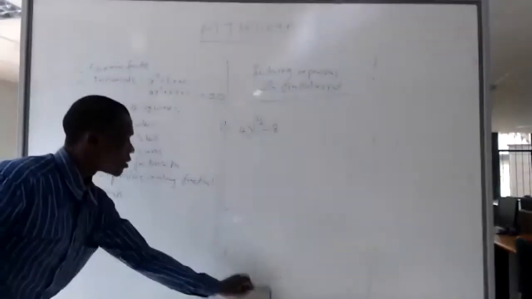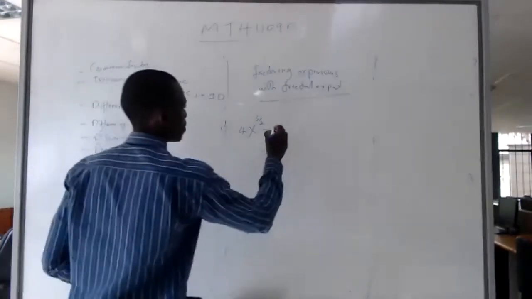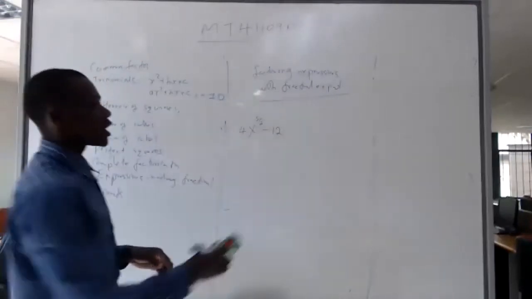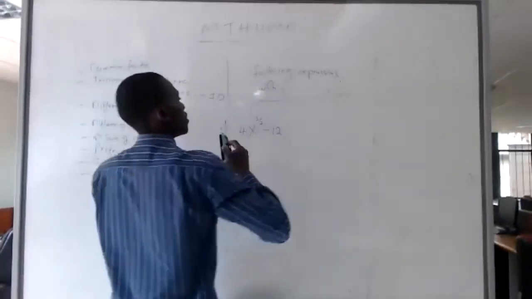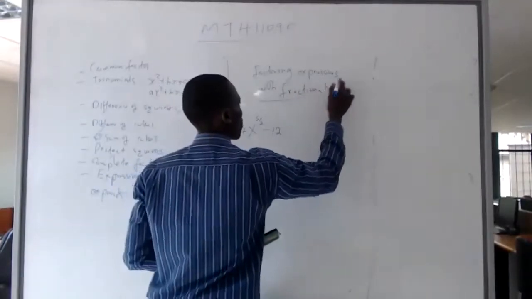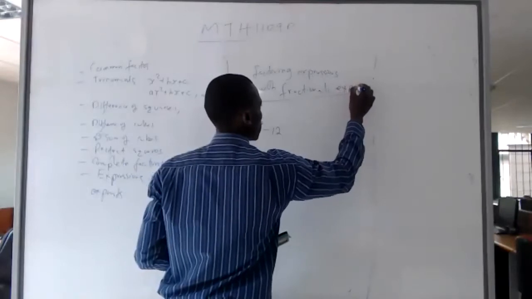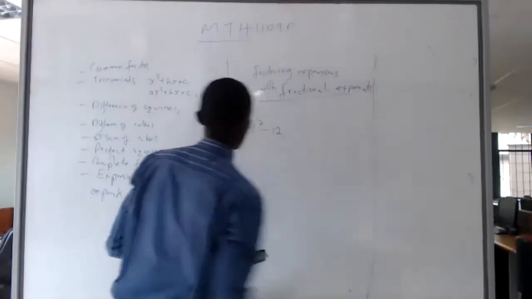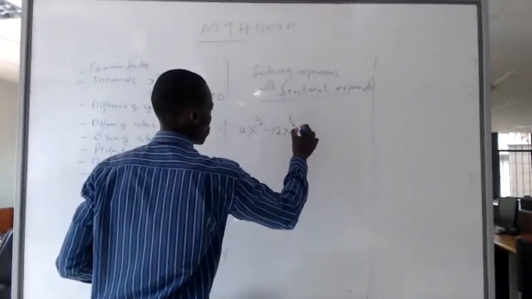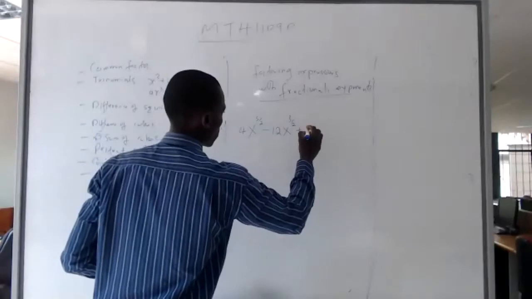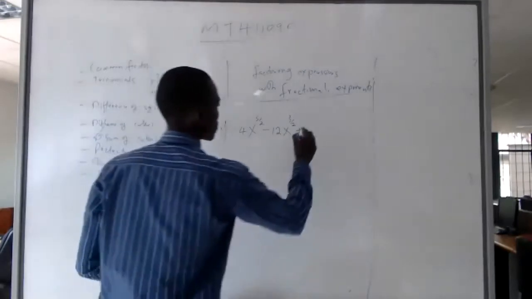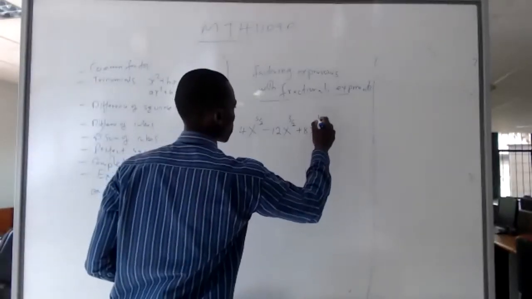Plus 12x to the 3/2. Factoring expressions with fractional exponents. I'll give you an example, maybe x to the 3/2 plus, I don't know, maybe 8x to the 1/2.